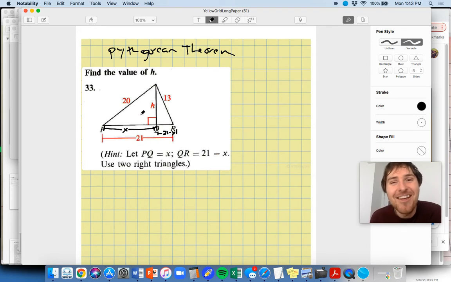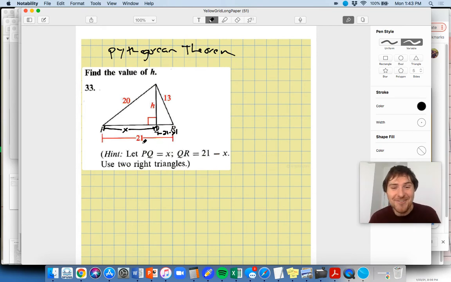If I'm going to create an algebraic expression for this, I let this represent a particular length, because as we know from the ruler postulate, any segment has a length that can be expressed as a real number. So x is a real number, less than 21. This little segment is dependent on how long that one is, so I can make it 21 minus whatever x is. Those are two expressions that involve just one variable, x.